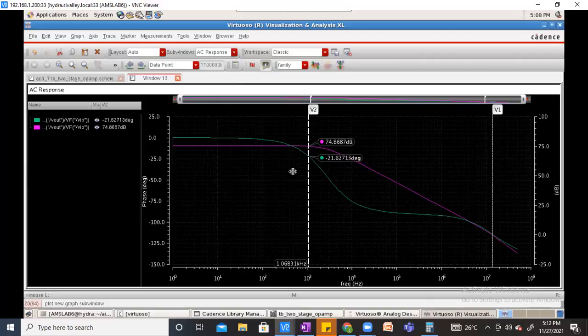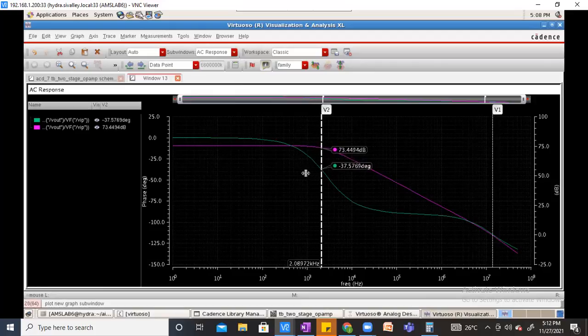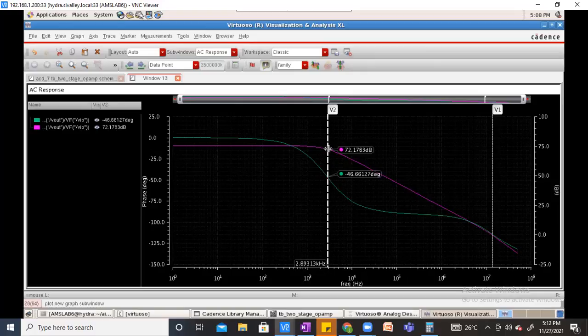If you see the x-axis, it will show the frequency. Somewhere here there is a pole. You can see that the effect has started already from this point itself.